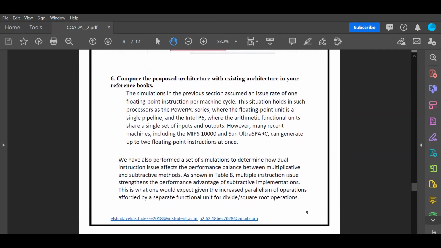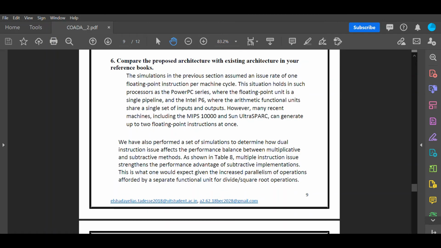So here the simulations in the previous section assumed an issue rate of 1 floating point instruction per machine cycle. This situation holds in such processors as the PowerPC series, where the floating point unit is a single pipeline, and in the Intel P6, where the arithmetic functional units share a single set of inputs and outputs.